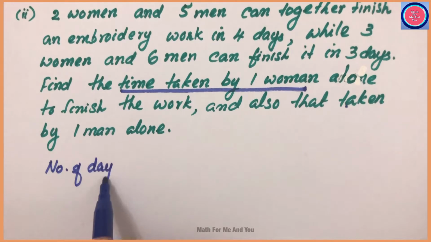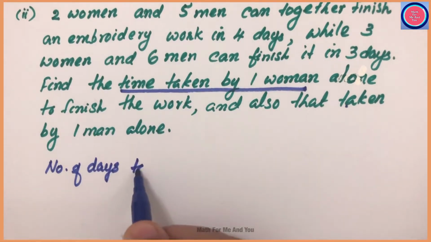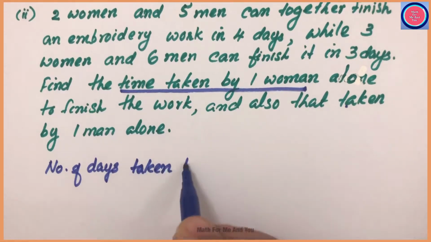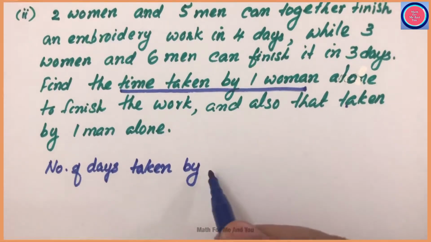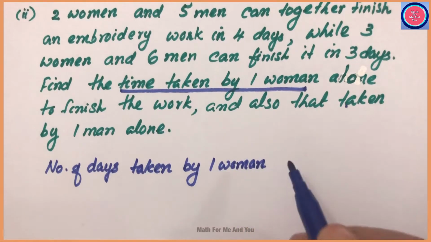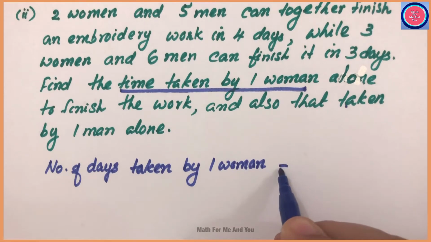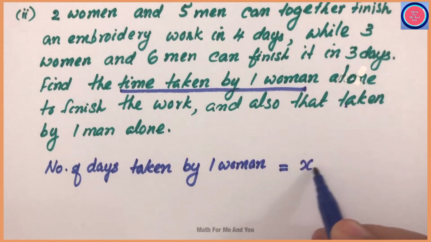What is the first thing? How many days or the time taken for one woman. So we take number of days taken by one woman, that we take as x, and we take this as x days. Number of days needed, x days.